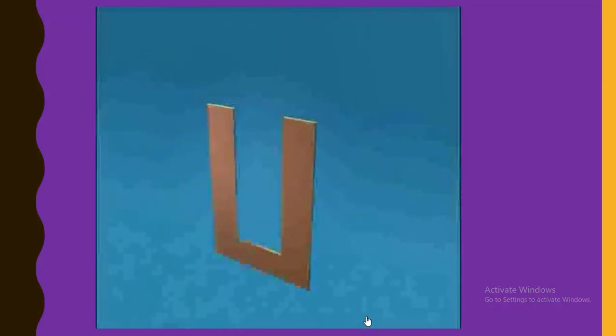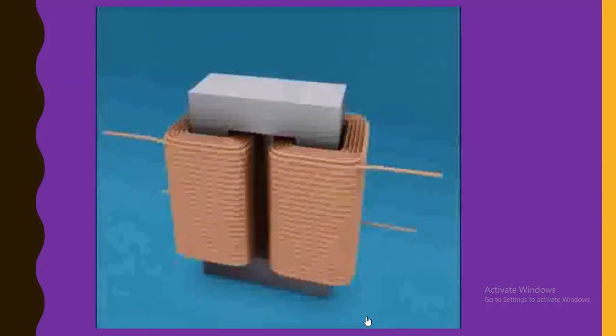The problem with the construction discussed so far is that the two windings are well separated from each other, and there is considerable reduction of magnetic coupling and hence of the efficiency of the transformer.